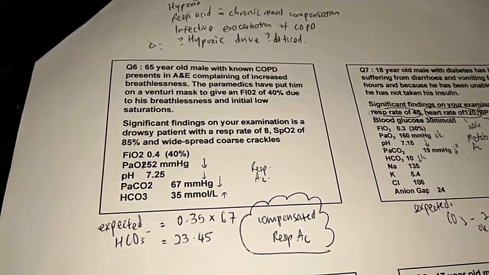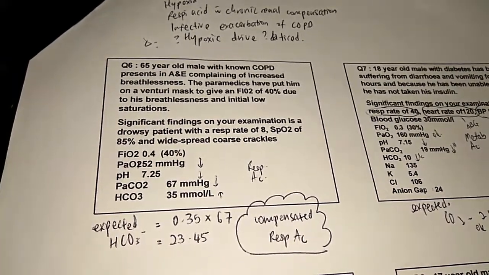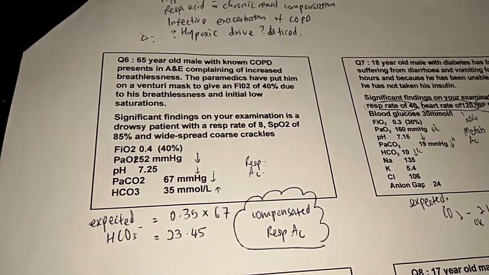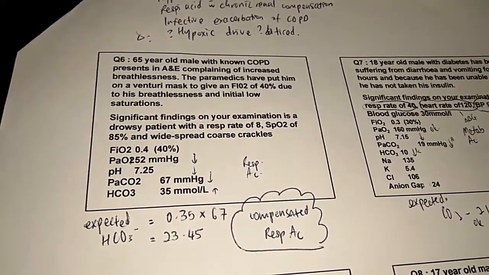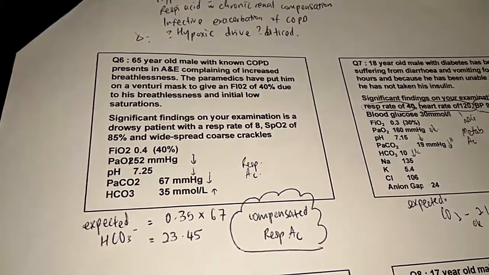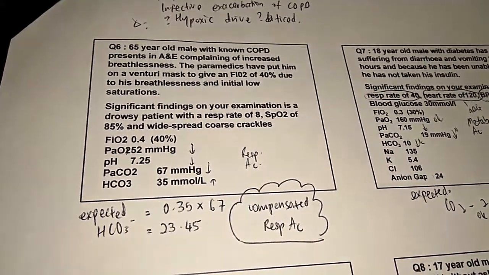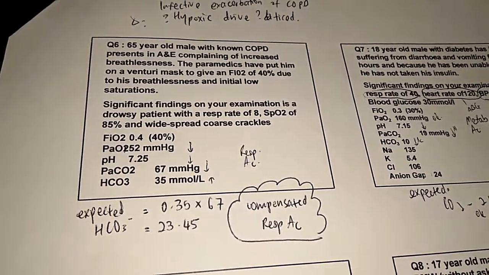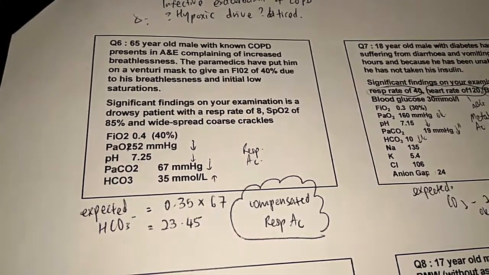The PaO2 of 52, pH 7.25, carbon dioxide 67, bicarb 35, and expected bicarb, the formula is 0.35 times 67, so we got 23.